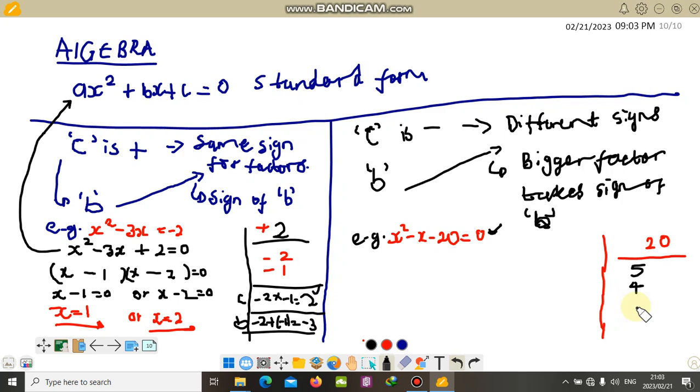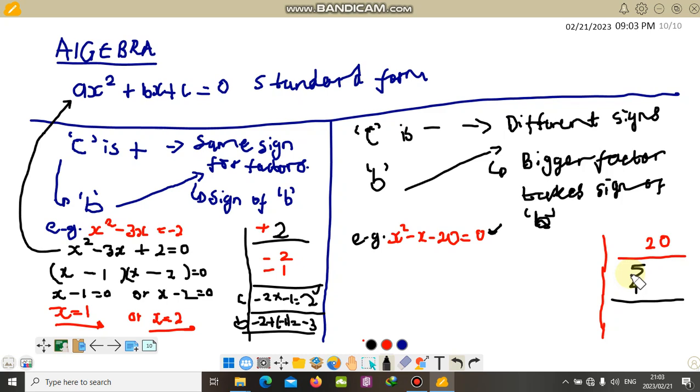Now, once you have the factors, you need to give them the signs. So now we look at the sign of C. C is negative. If C is negative, it means the factors will have different signs. So we have 5 and 4. Now they say the bigger factor takes the sign of B. Which one is the bigger factor?